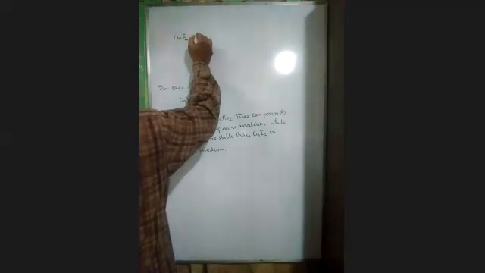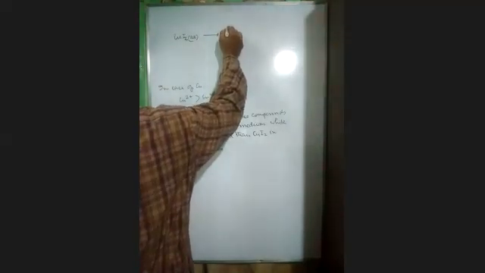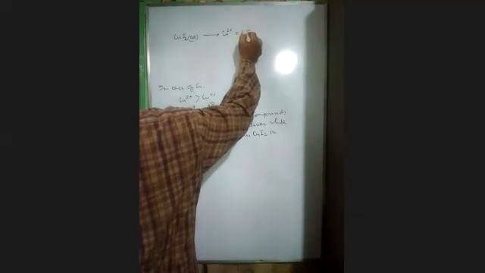See, when we take cupric iodide in aqueous solution, it gives us Cu2+ and 2I minus.